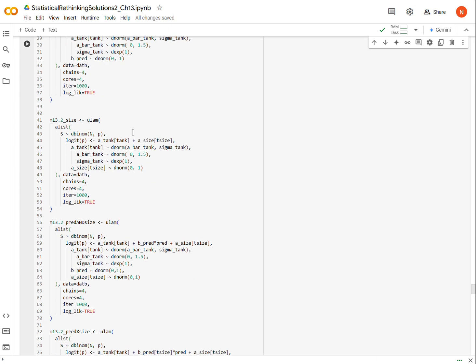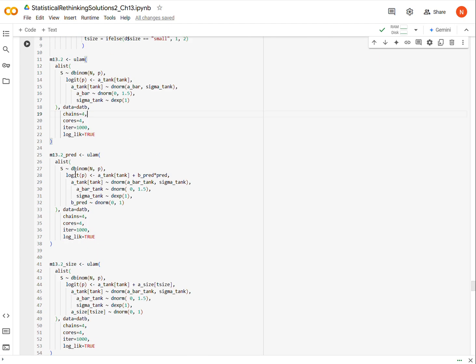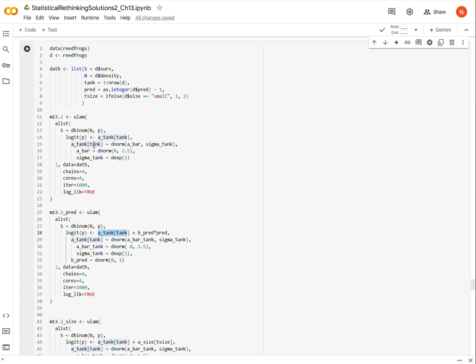Okay. So this is a hierarchical model where we have these hyperparameters for the intercept of tank. For tank, we have hyperparameters for the intercept that are normally distributed with mean A bar and sigma tank as the standard deviation.